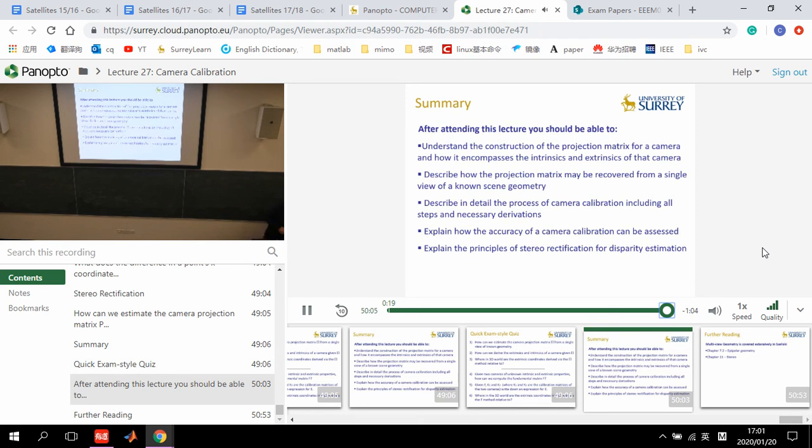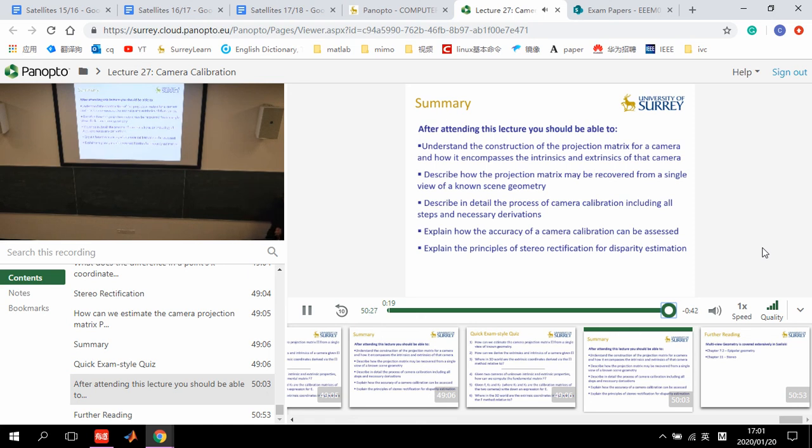So in summary, we've gone through the construction of the projection matrix and how it incorporates the intrinsic and extrinsic parameters. We've described how we can recover it with 6 pairs of points with a known scene geometry and their images. And we've shown how we can perform strong camera calibration, with all the necessary derivations.